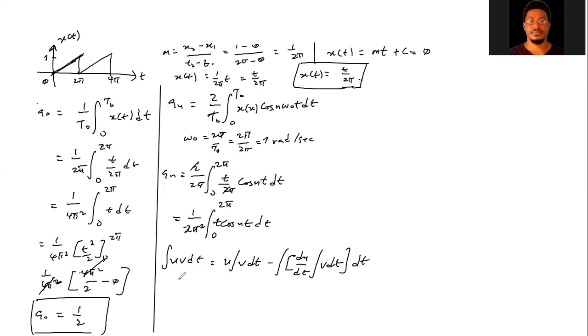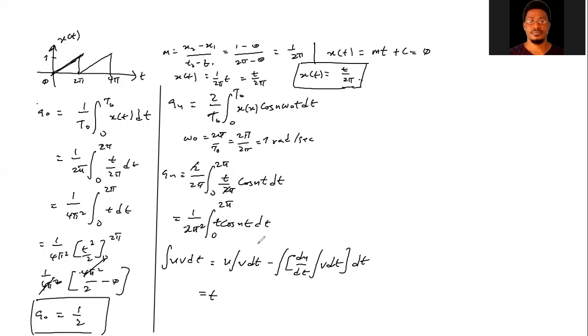So once we do this, we should be able to address this expression, where this is u and this is v dt. Does that make sense, please? Yes, sir. Okay. So it means that u is the same as t.